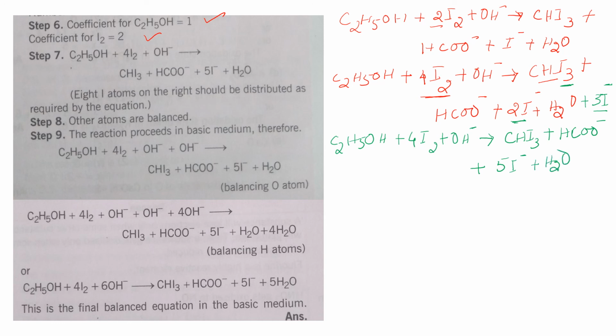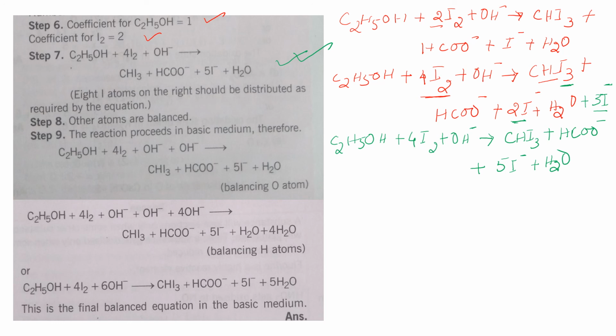Now see, this I am getting here in step number 7. Now except oxygen and hydrogen, everything is balanced. You can check. Now I have to balance oxygen first and then hydrogen.